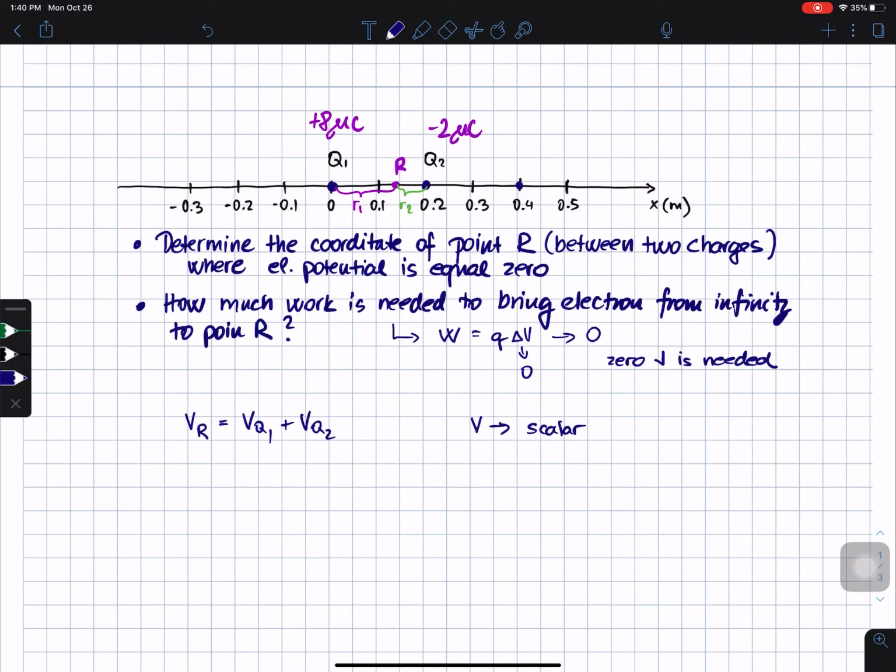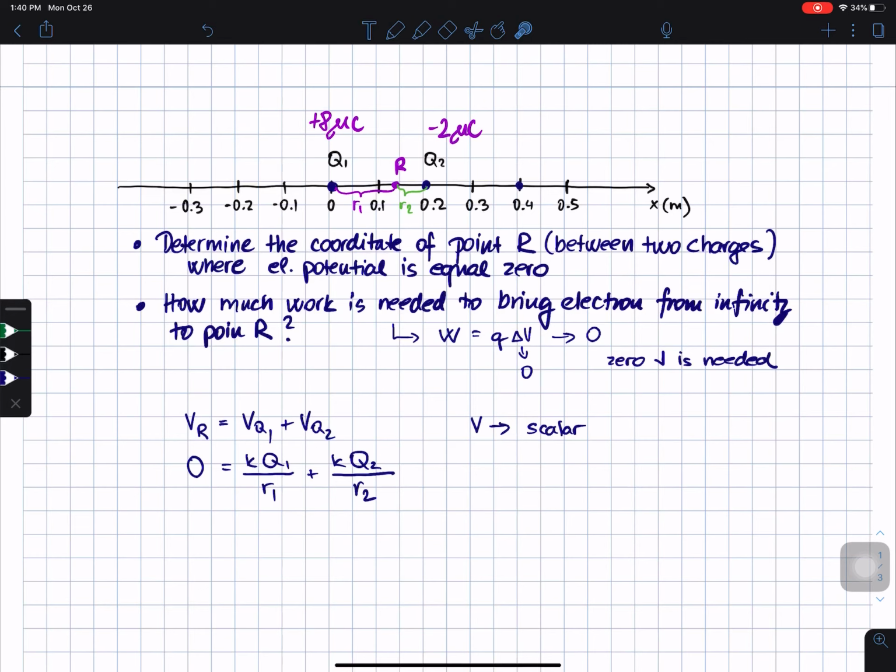And in this case, what I need to do is essentially to say, well, 0 has to equal K times Q1 over R1 plus K times Q2 over R2.